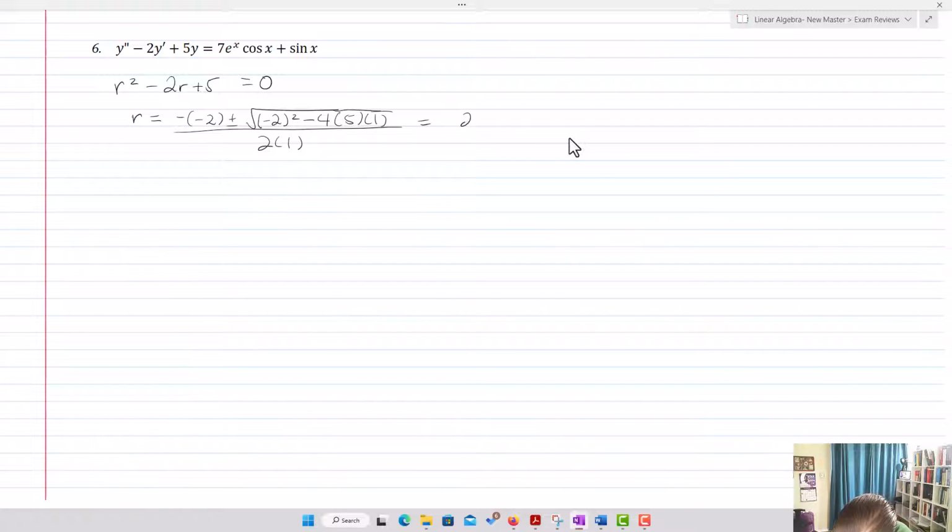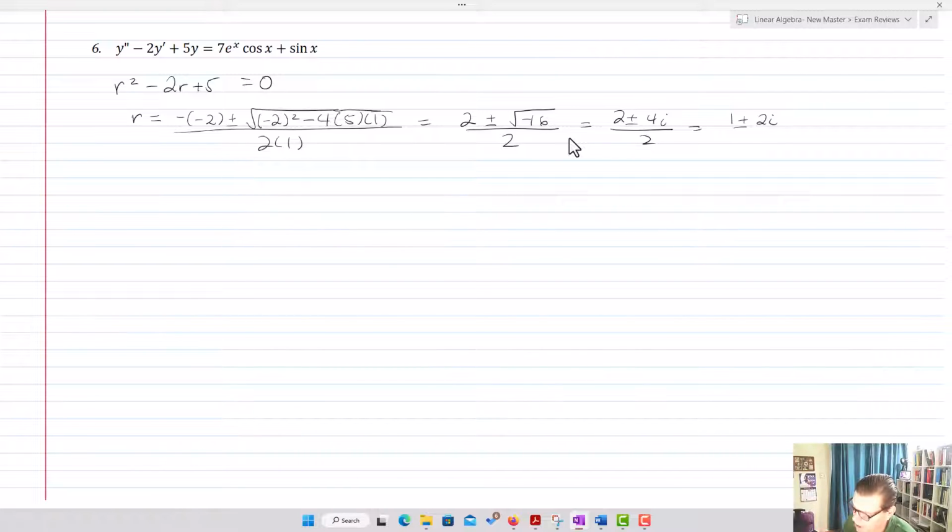So this ends up being 2 plus or minus the square root of -16 over 2. So this is 2 plus or minus 4i over 2. And so that's 1 plus or minus 2i. And that is the solution.